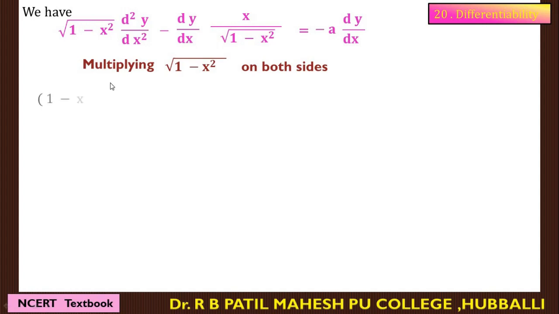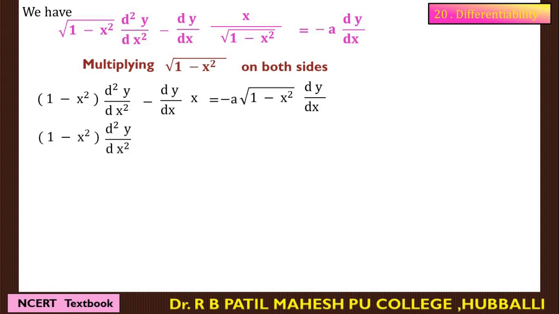You will get (1 minus x square) d square y by dx square minus, for the second term, root of 1 minus x square divided by root of 1 minus x square gets cancelled. You will get dy by dx into x is equal to, on the right side, minus a root of 1 minus x square dy by dx. So in the next step, (1 minus x square) d square y by dx square minus x into dy by dx is equal to minus a as it is.